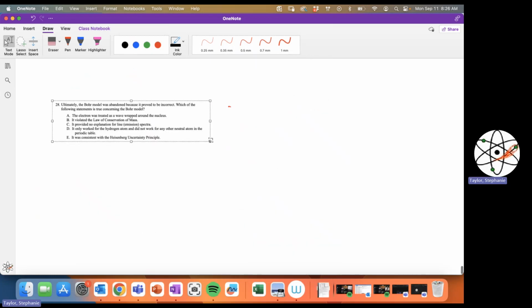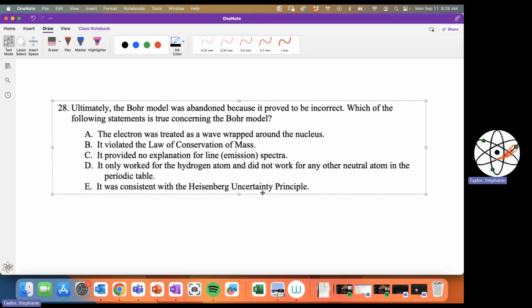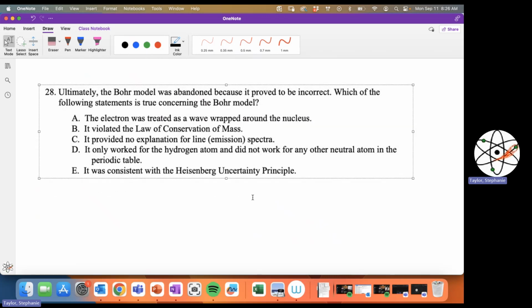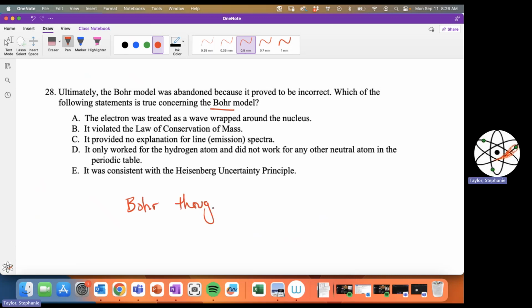28. Ultimately, the Bohr model was abandoned because it proved to be incorrect. Which of the following statements is true concerning the Bohr model? Anything that has to do with a wave is wrong, because Bohr didn't know about waves. Bohr thought particles, basically particle only.